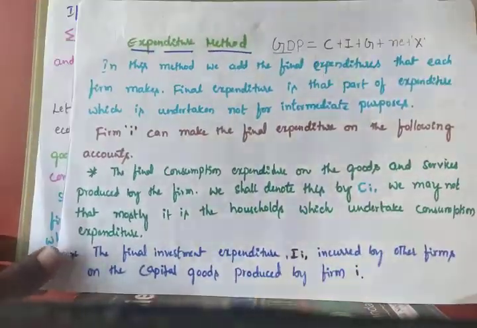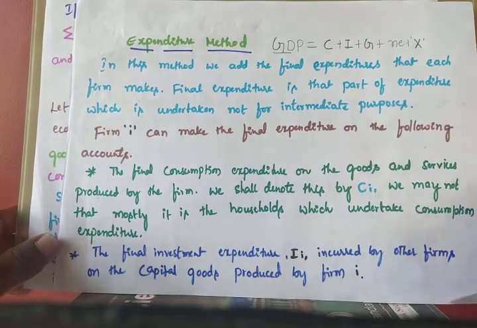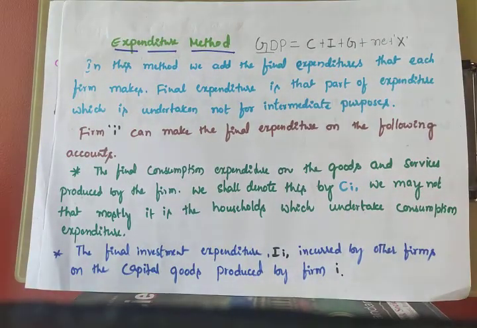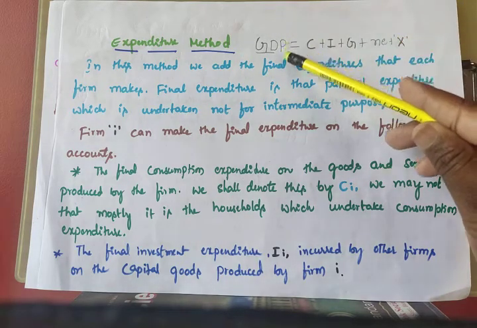Very important formula: GDP equals C plus I plus G plus net X. GDP means gross domestic product, the value of all final goods and services produced within the country during a year. Here, to calculate national income, GDP is nothing but national income.